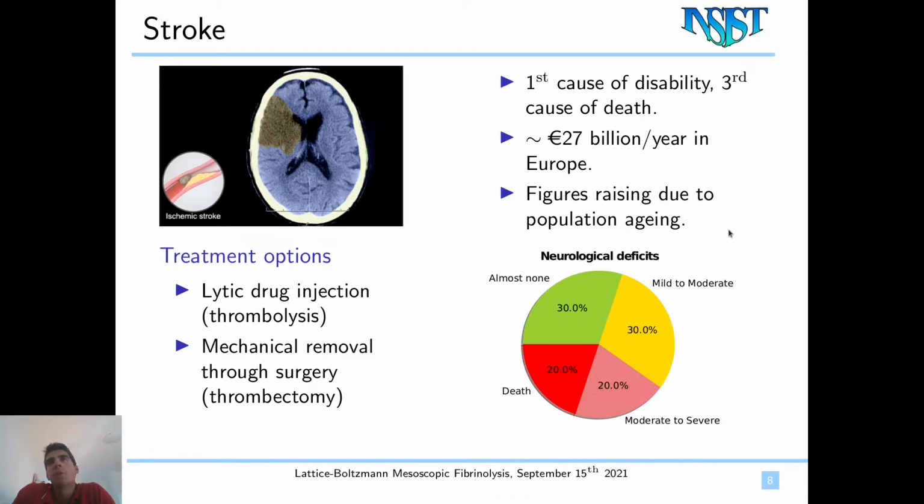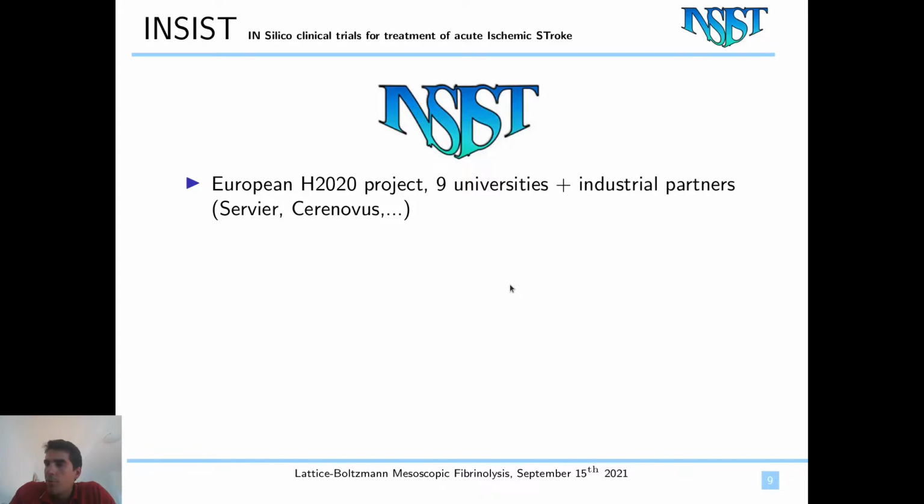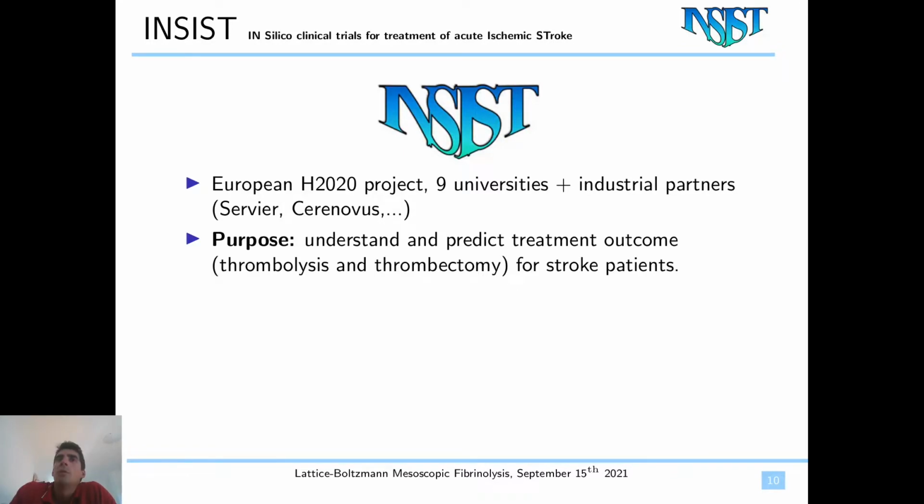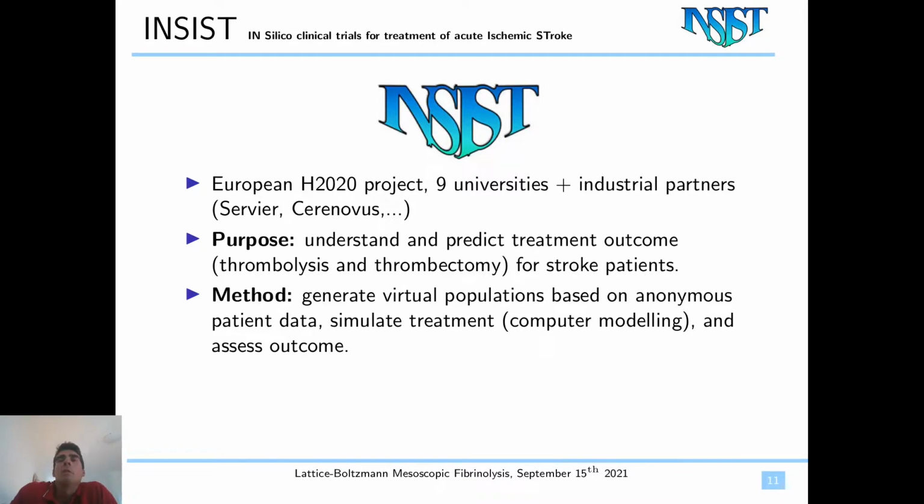So one of the goals of the INSIST project is to improve the quality of the treatment. To do that, we generate virtual populations of patients based on anonymous data that was collected during several years, and we simulate treatment on these patients thanks to computer models of each step of the treatment. And finally, we assess the outcome of the treatment.